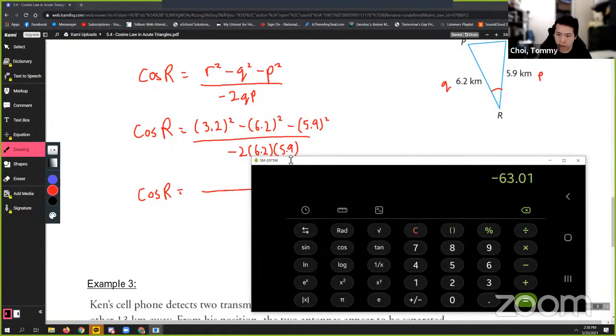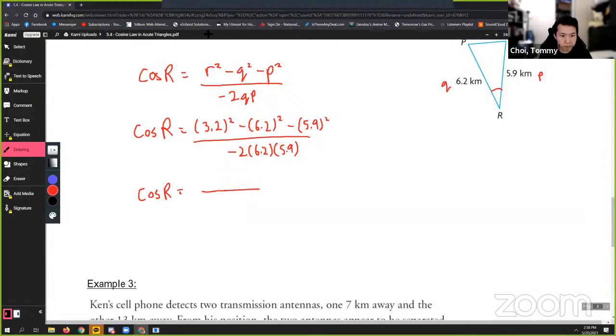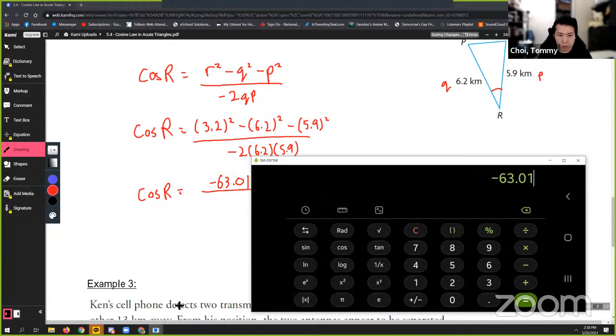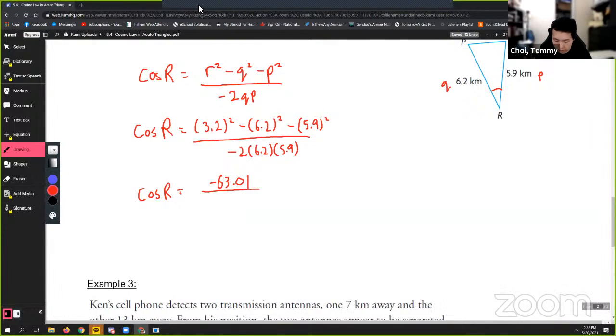And that gives me my answer of negative 63.01 up top. And then for the bottom one, I just multiply negative 2 times 6.2 times 5.9. And I get negative 73.16. Just like that.